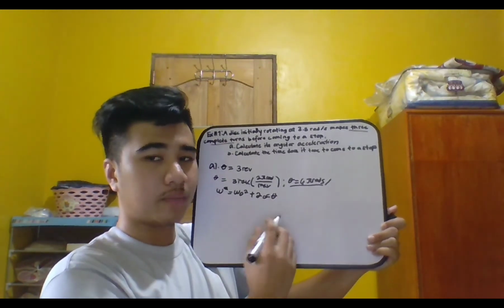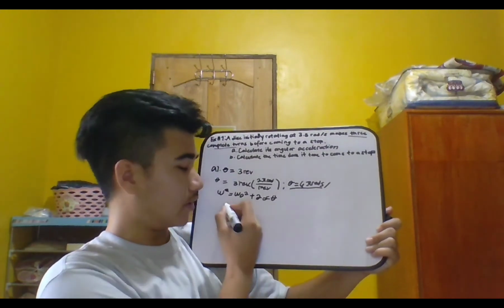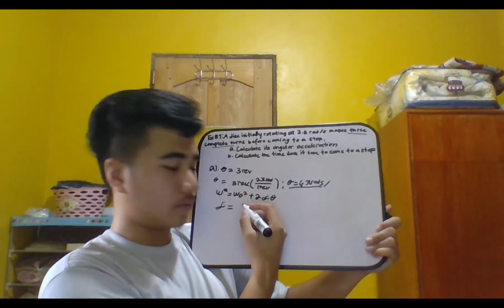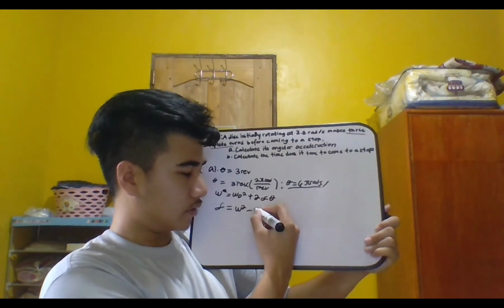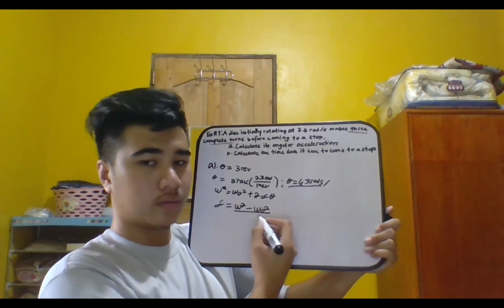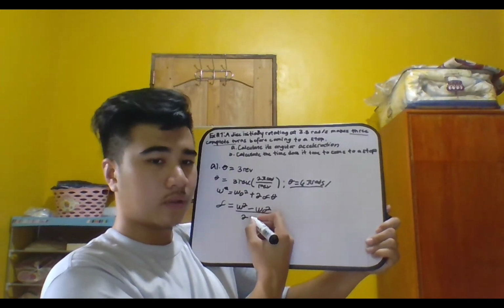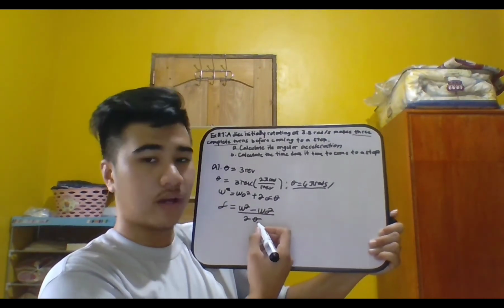So, we have to derive the equation dahil ito yung hinahanap. So, angular acceleration is equal to final velocity squared minus initial velocity squared over 2 times angular position or the angular displacement.